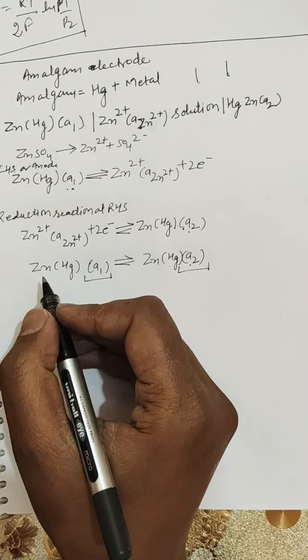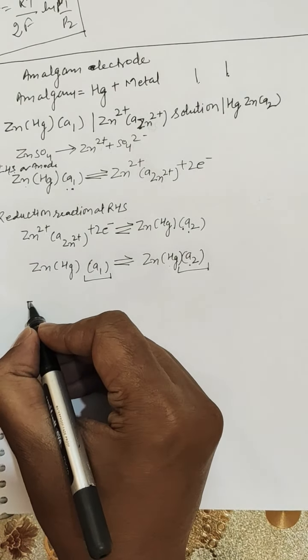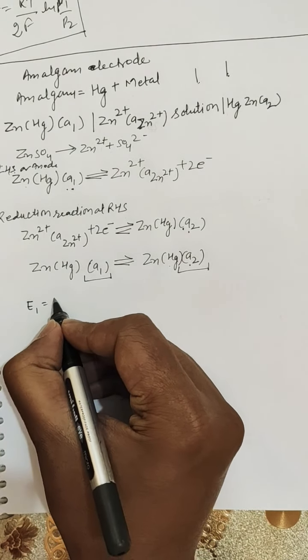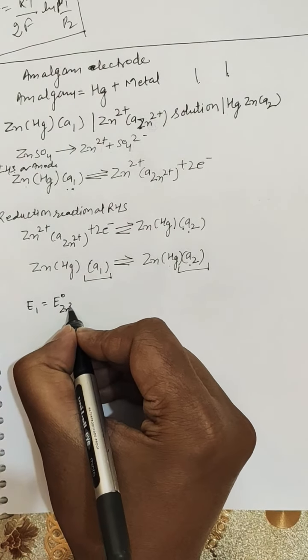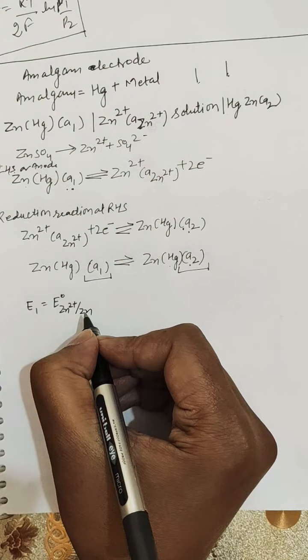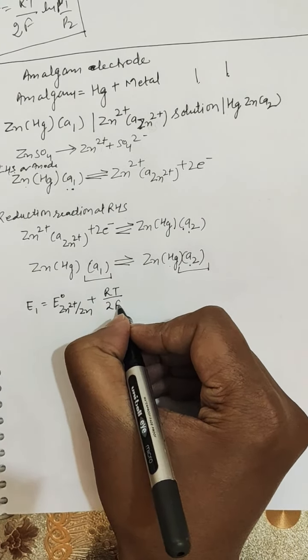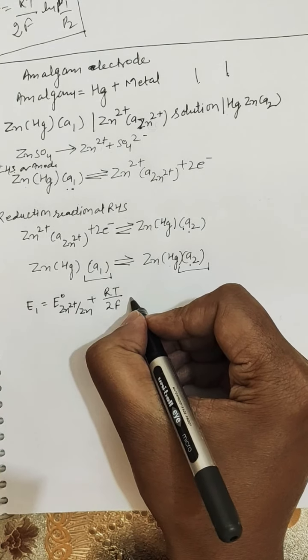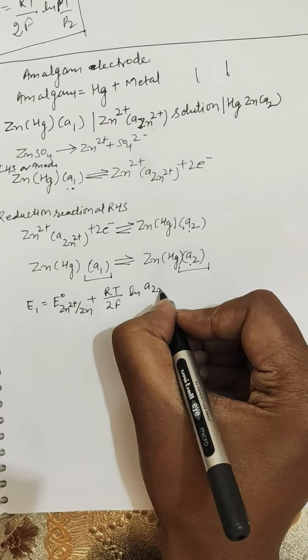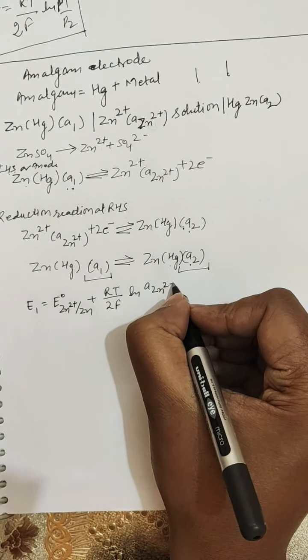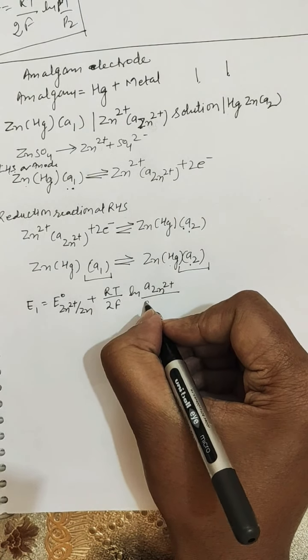So the expression for the EMF of the cell, that is E, is equal to E naught Zn2 positive oblique Zn plus RT oblique 2F ln activity of A Zn2 positive oblique A1.